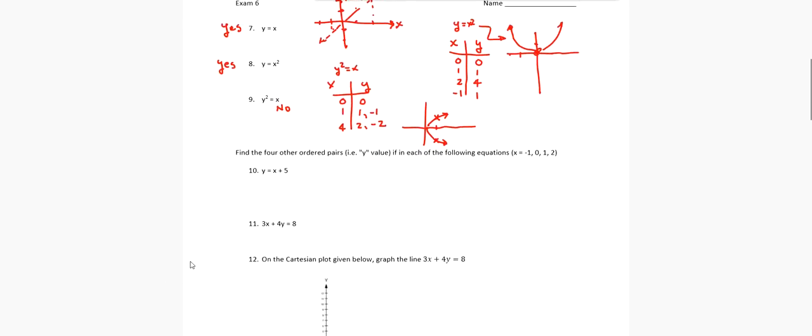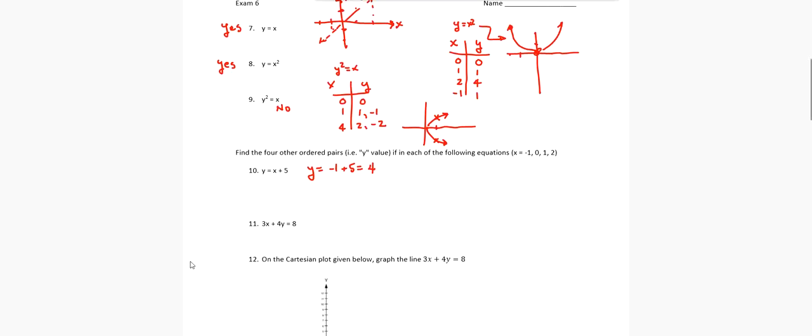Okay, so we want to find four ordered pairs if we know that these are our four values for x for each of these equations. So this involves putting these numbers in this equation and figuring out what the corresponding y value is. So for the first one, we've got y equals -1 plus 5. So our y value looks like it equals 4.